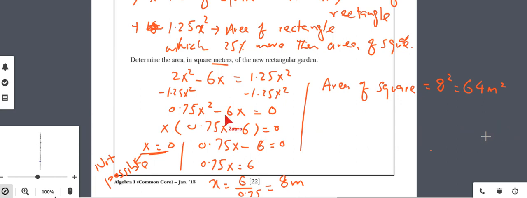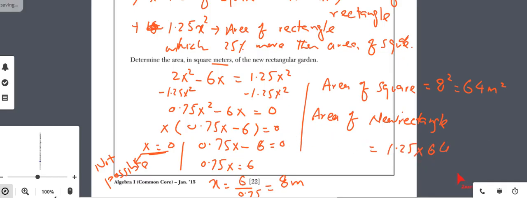Then the area of the new rectangle is 1.25 times 64. If you calculate that, it's 80.